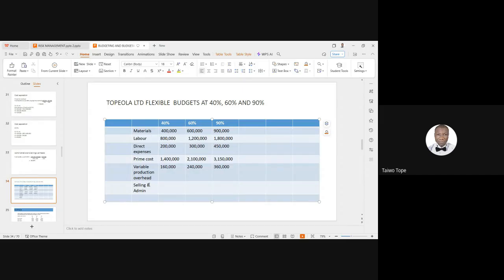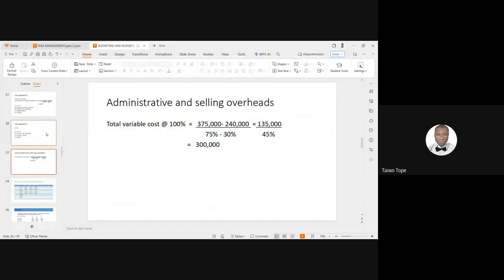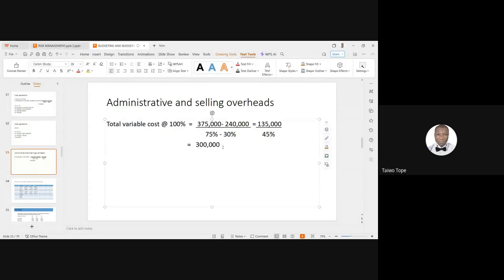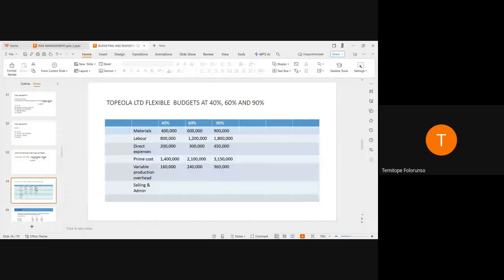What will be the variable cost at 40% activity level? At 40% activity level, this is the total variable cost of admin and selling overhead. So 40% of this will give you what? 120,000.